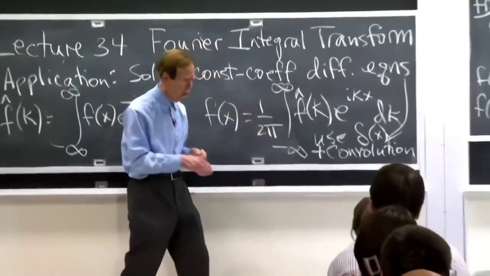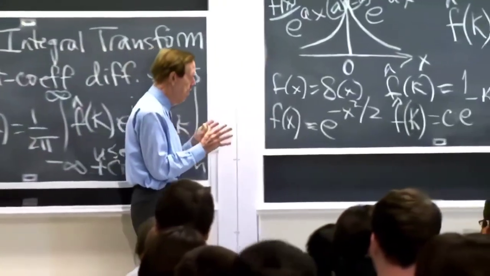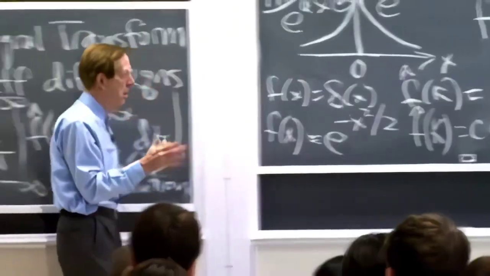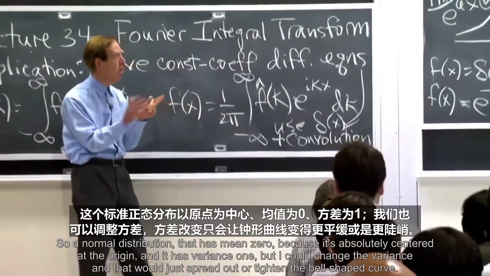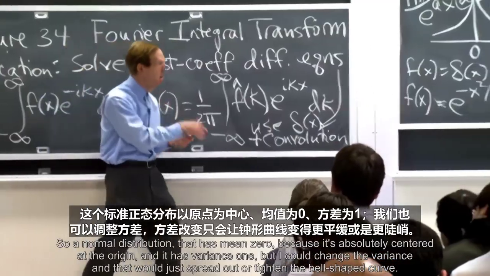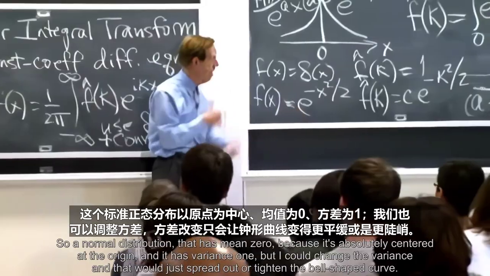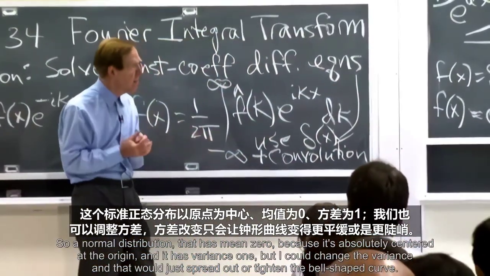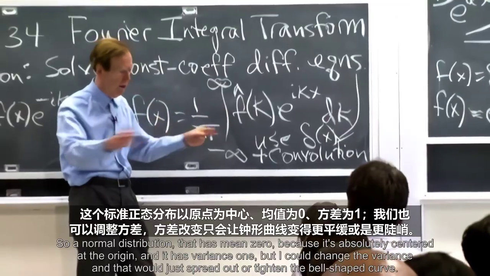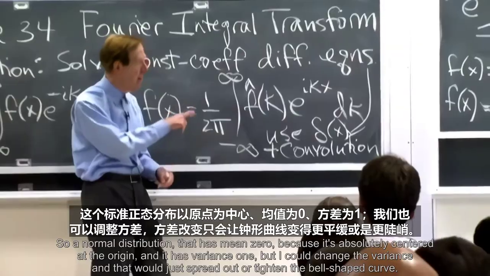So, in other words, with a sigma squared in there. So normal distribution that has mean 0 because it's absolutely centered at the origin, and it has variance 1. But I could change the variance, and that would just spread out or tighten the bell-shaped curve.